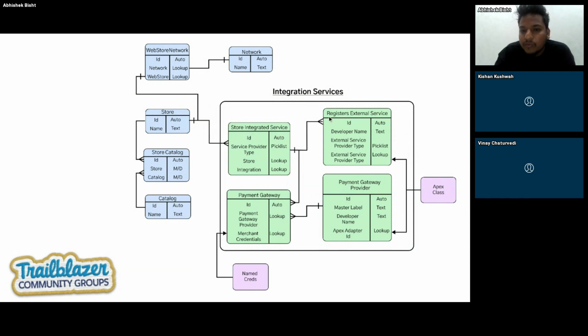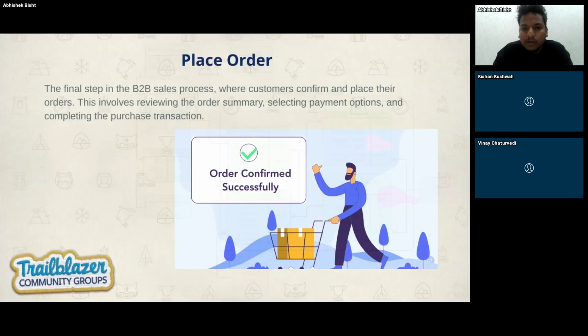With the help of the store integration service and the registered external service, we are integrating our Apex class to the store, which calculates at runtime, dynamically, what the shipping and the tax are. And the payment gateway and payment gateway provider we will see in upcoming sessions, with detailed information about payments. So this is the overview of the data model.